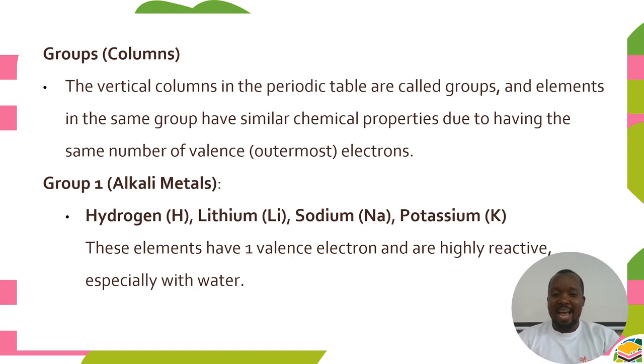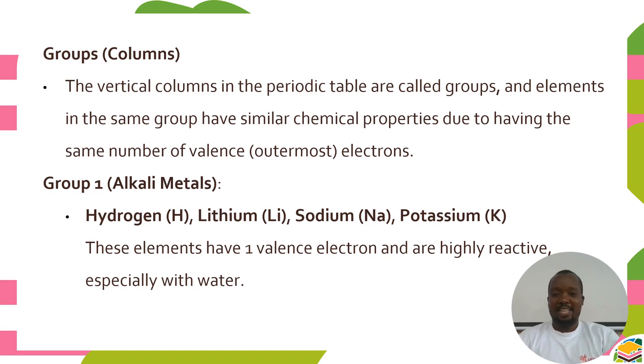These are the elements hydrogen, lithium, sodium, and potassium. They are found in group number 1 simply because they have 1 valence electron, 1 electron in their outermost shell.